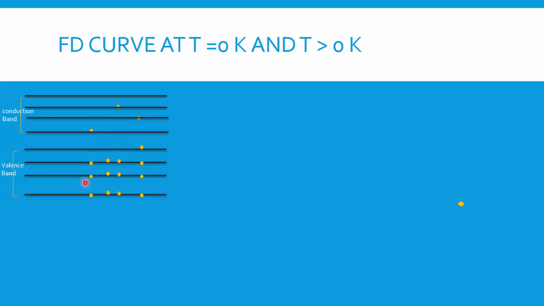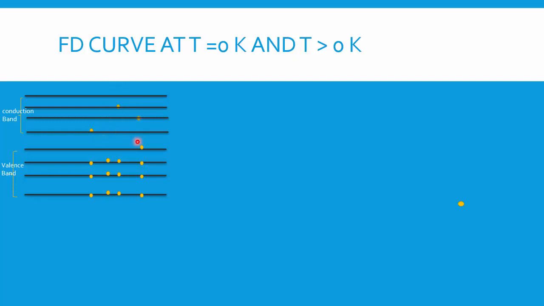If I look at the picture for the energy levels in the valence band, I will find that now the probability value, or attendance value, of the valence band is not 100% or not 1. And all the energy levels of the conduction band, which were 0 at T equal to 0 Kelvin, will not now have probability 0, they will have some value.